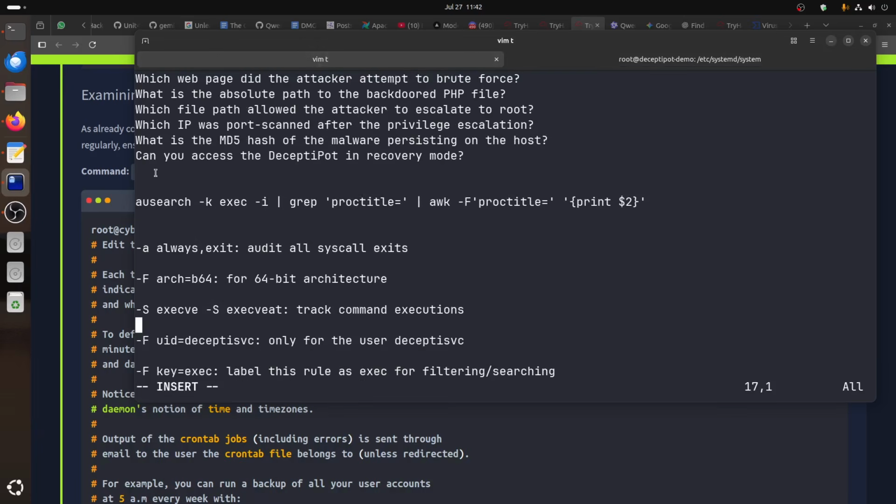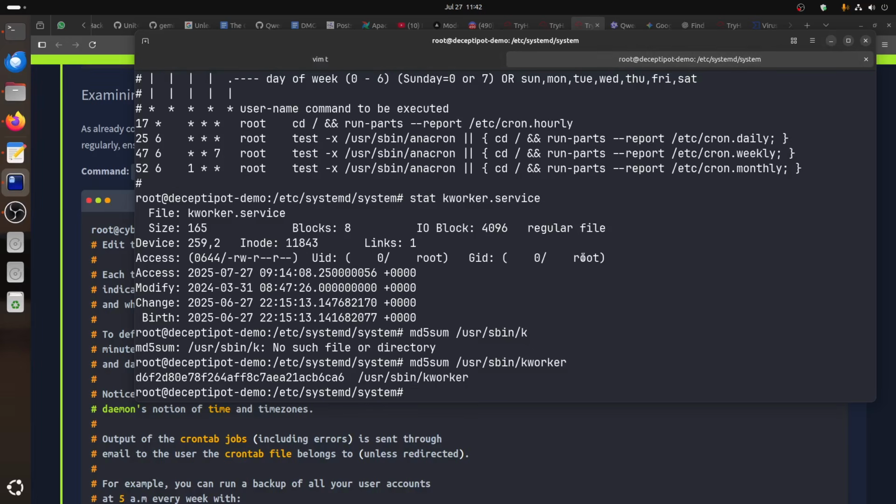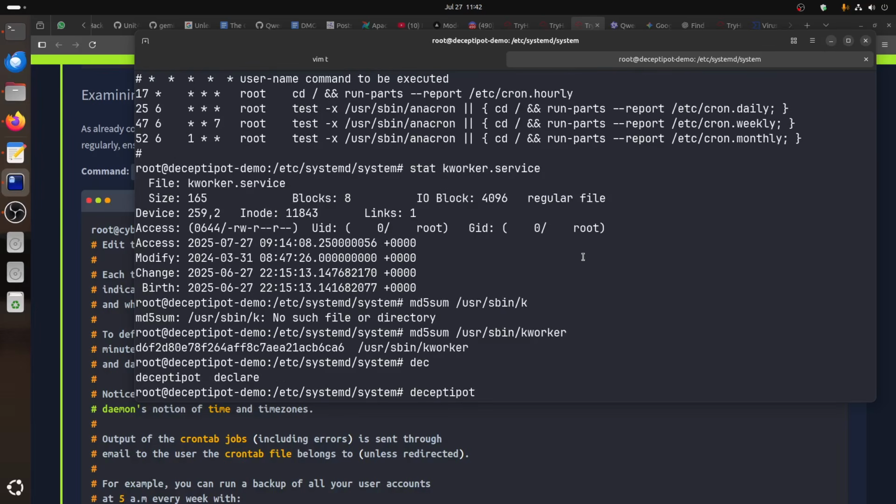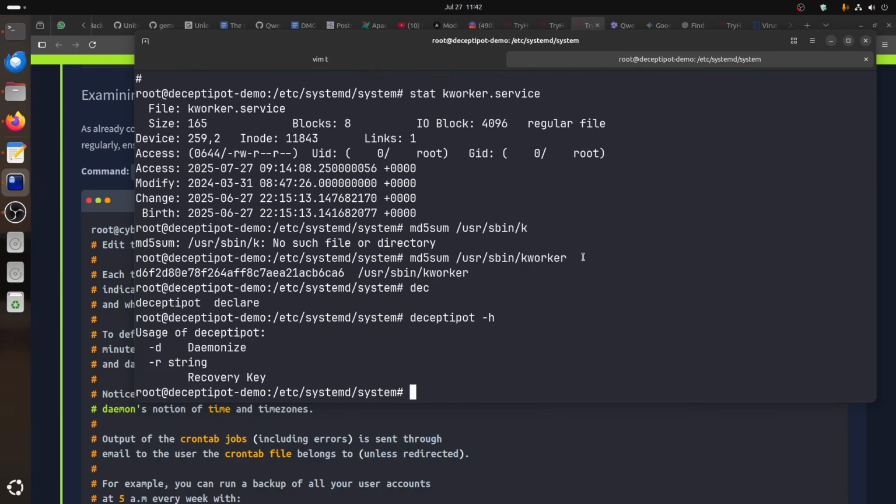The next question is: can you access the DeceptiPot in recovery mode? Is there a deceptive binary here? If you go minus H, it tells you minus R is the recovery key and a daemonize option or something. So we need to find the key.